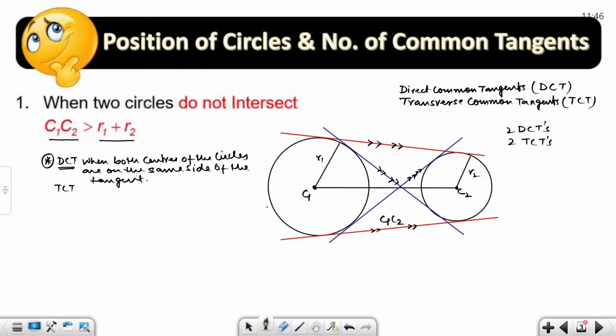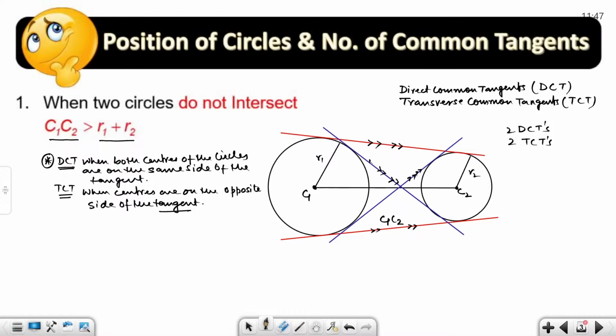Is it clear? For transverse common tangents, when the centers are on the opposite sides of the tangent, then we call that tangent a transverse common tangent.